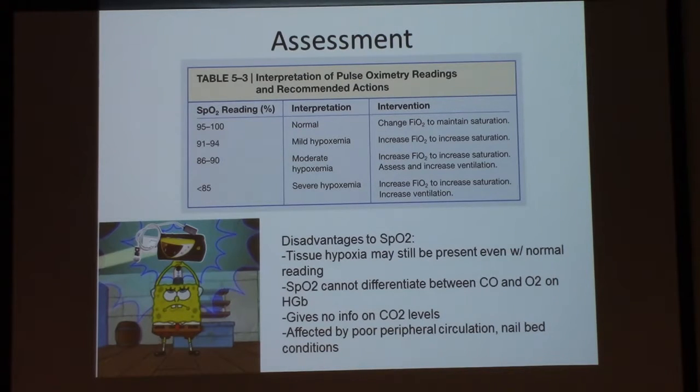That's because there are so many factors that can affect it. Looking at that pleth, do you have a good pattern going along with it? Does your pulse match what you're seeing on your monitor? If it doesn't, then your pulse oximetry is probably not reading adequately. There are a lot of different things that can affect it.